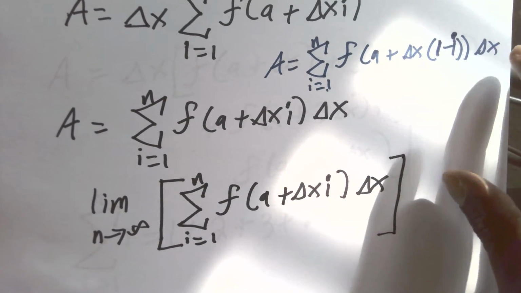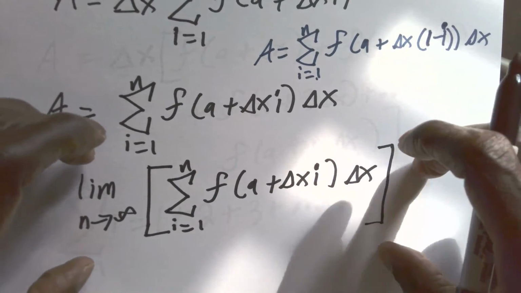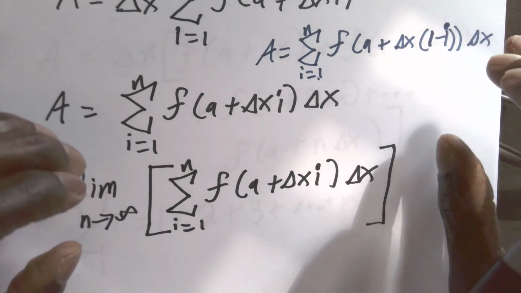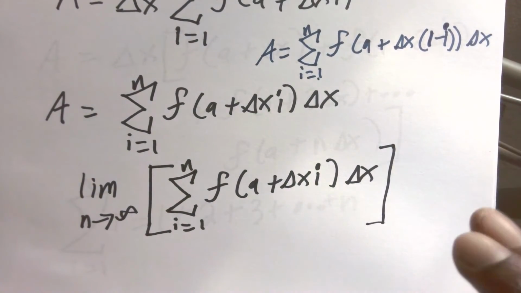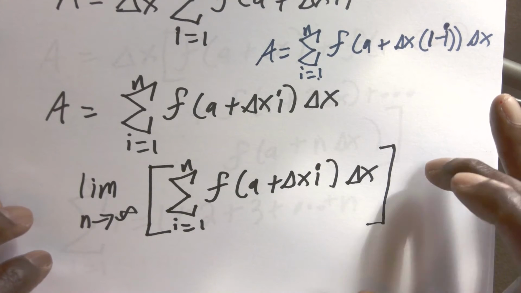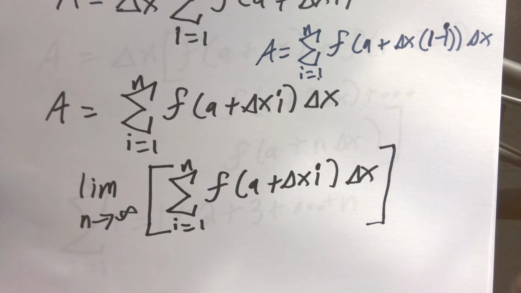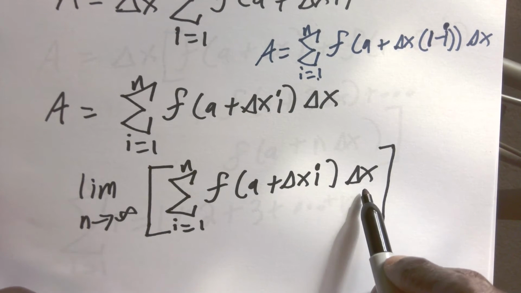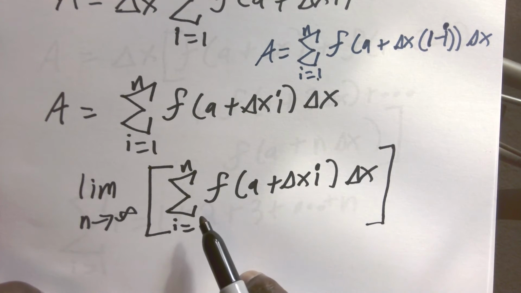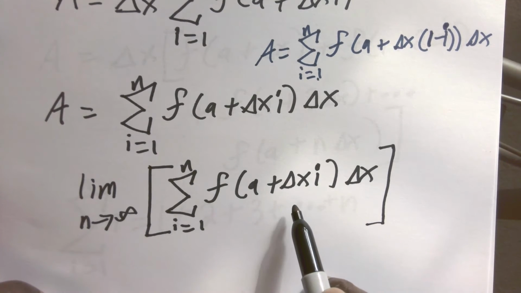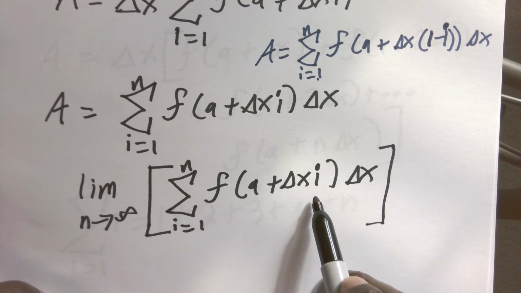And so this guy, this is the main formula you need to think about when doing these sigma notation problems. And the base understanding, you're going to take the limit as n goes to infinity. That's generally going to be given. The real thing you need to understand is you're going to have a delta x, and you're going to have f of a plus delta x i, which again, they'll use a k.